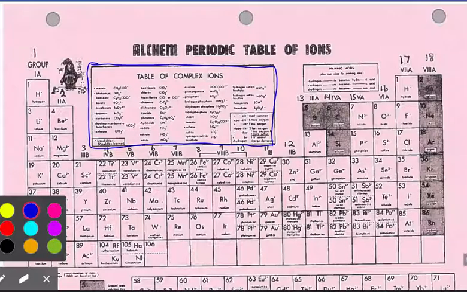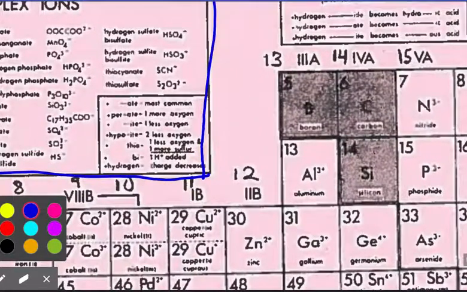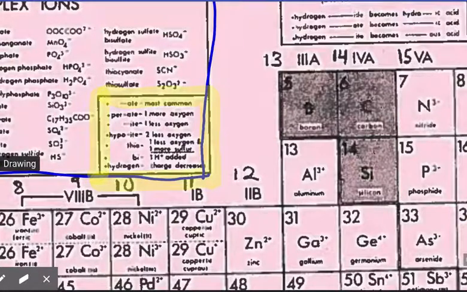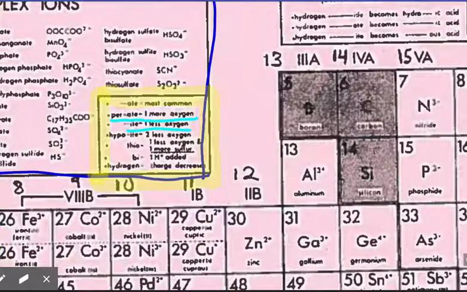If you scroll in, it's kind of blurry because of the photocopier, but the rules that I just showed you are in this box in the corner. So you can see that it tells us ate is most common. Per-ate has 1 more oxygen. Ite has 1 less oxygen, and hypo-ite has 2 less oxygens.